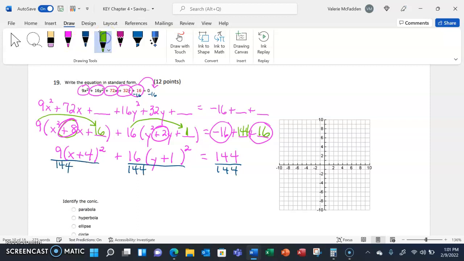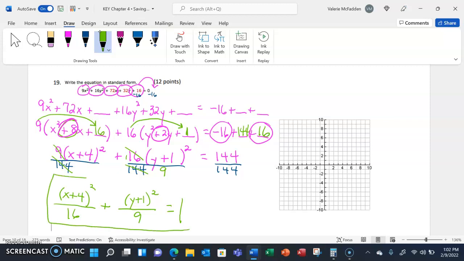So we'll reduce. 9 goes into 9 once, and 9 goes into 144 16 times. So we're going to have x plus 4 squared over 16, plus 16 goes into 16 once, 16 goes into 144, 9. So we have y plus 1 squared over 9 equals 1.